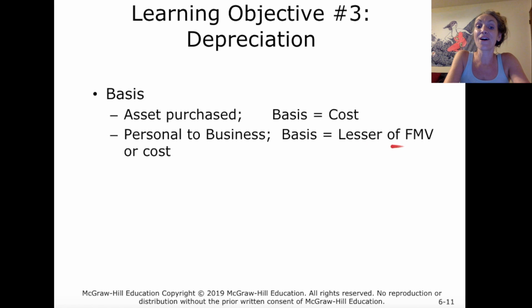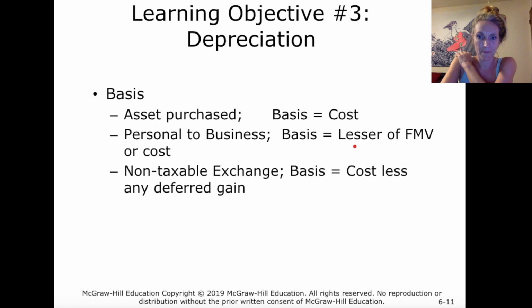It's the lesser of the fair market value on the day that you put it into a business, began using it for business, or your cost. The lesser of. There's a lot of different situations there.